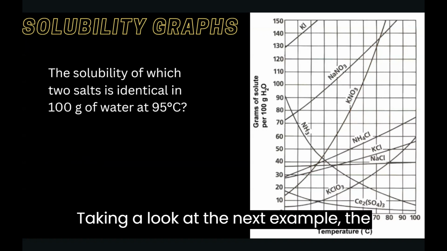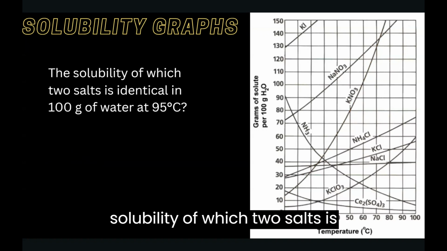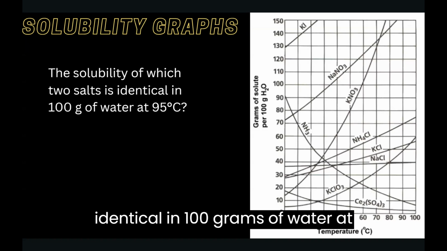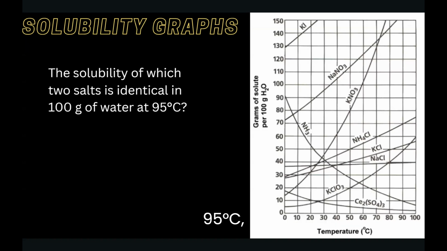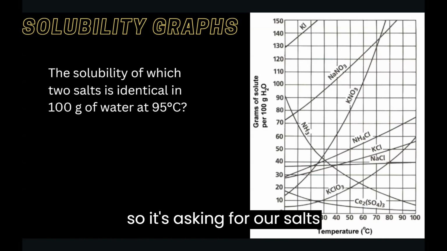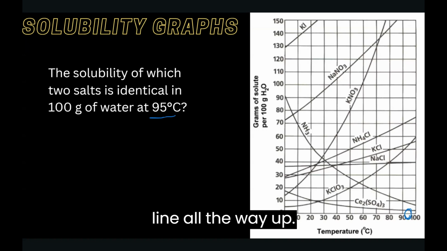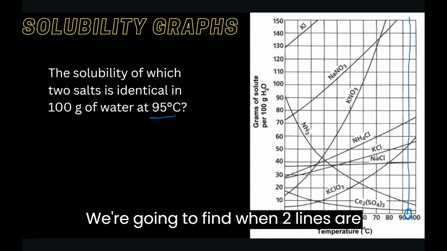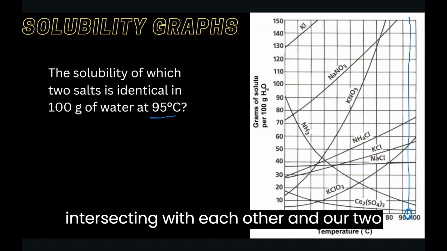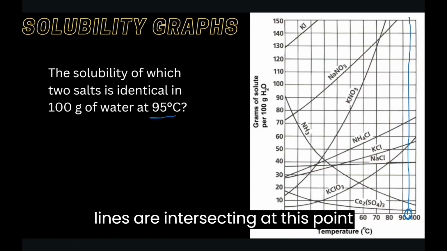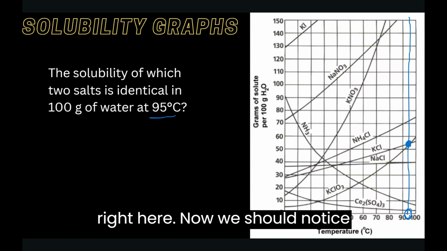Taking a look at the next example. The solubility of which two salts is identical in 100 grams of water at 95 degrees Celsius. So it's asking for our salts at 95 degrees Celsius. Looking at 95 degrees Celsius on our chart, drawing a line all the way up, we're going to find when two lines are intersecting with each other. And our two lines are intersecting at this point right here.